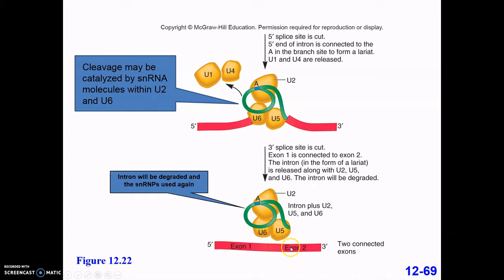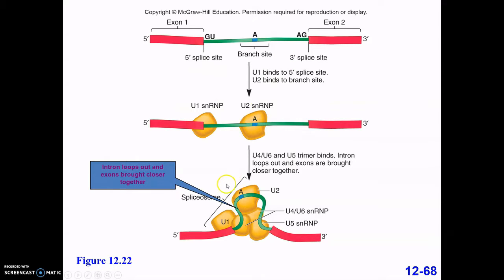And then once this reaction carries out, the rest of the proteins are associated with this intron loop, and then the intron will get degraded. So this is the overall process of how most splicing actually works in eukaryotic cells. So it utilizes this spliceosome mechanism. And the spliceosome itself is kind of referred to as this complete complex of U1, U2, U4, U6, and U5.